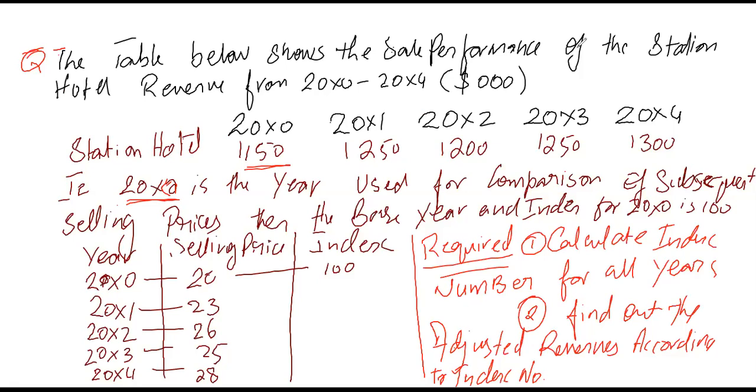So we have been given data for 2000, 2001, 2002, 2003, and 2004. What we need to find out is the index number for all the years. Now let me calculate the index number.